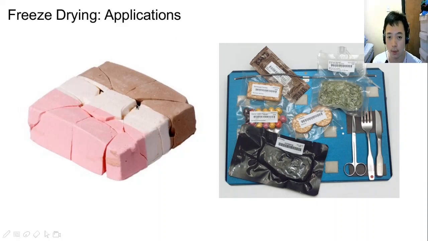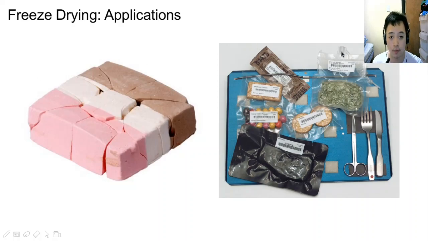So, if you look at these pictures, these are the pictures of foods that are eaten in space. So, there are astronauts in space. This is the food that they eat. These are freeze dried. This is called the astronaut ice cream. This is ice cream that is freeze dried.